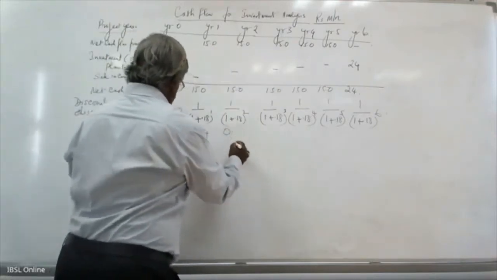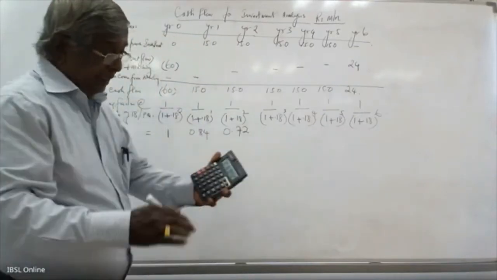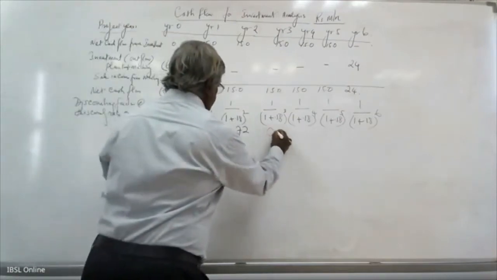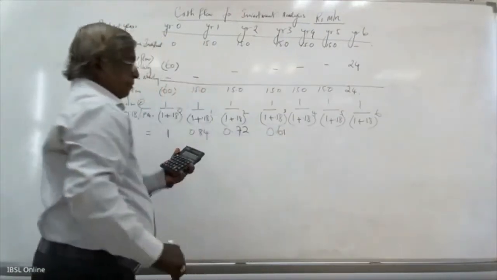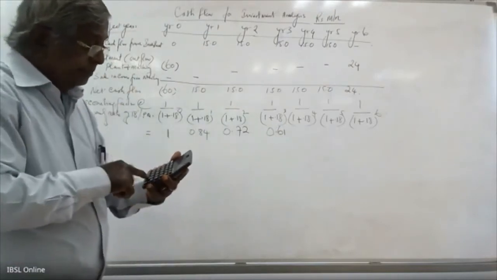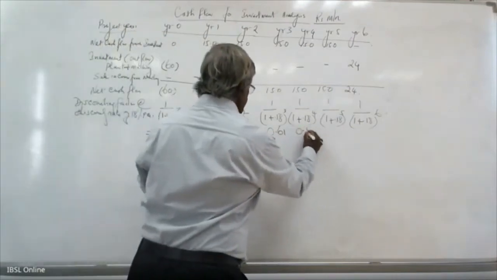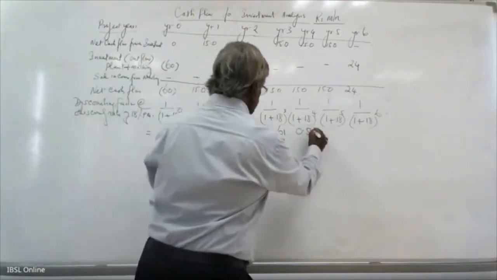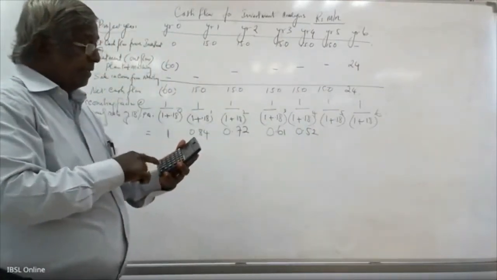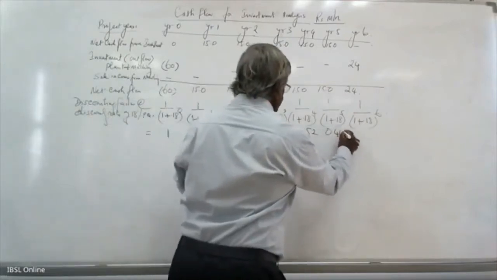Rounding up, 0.72. Again equal sign, 0.61. Again equal sign, 0.52. Again equal sign, 0.44.